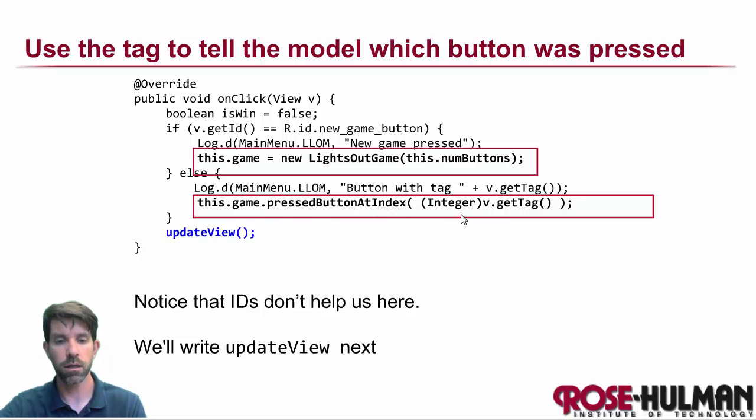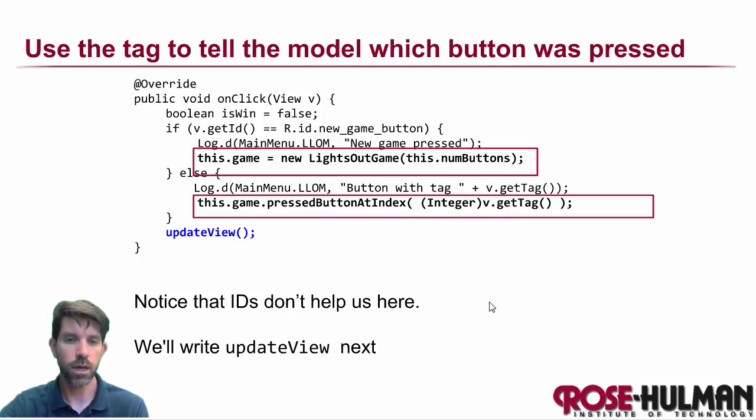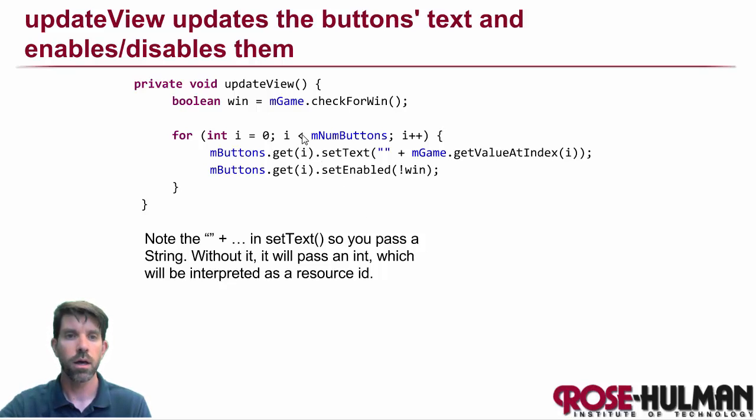So with our tag, we used getTag here, and we told our game, hey game, I just pressed the button at that index. IDs didn't help us at all, and update view is coming up next. We've already written part of it, but let's see what else we can do here.